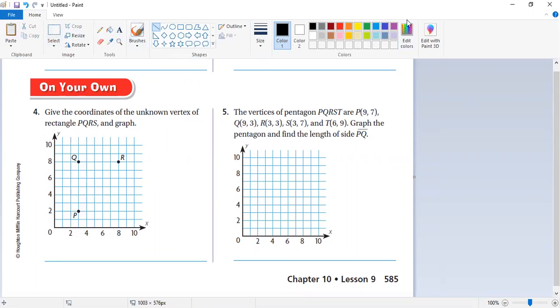Which color should I choose now? Let me choose yellow. Okay. So first we will join from P to Q. Okay. And then Q to R. Now, to make a rectangle, we don't know where the next coordinate is going to be.